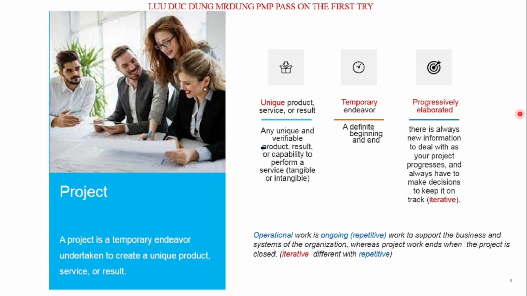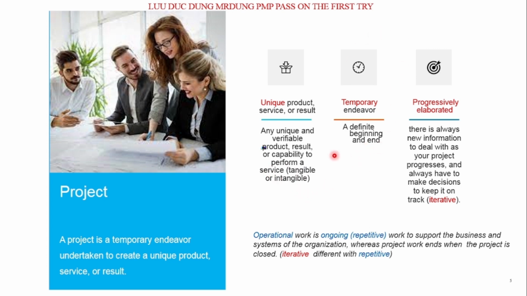We're going to make the project definition clearer. It should be a unique product, service, or result. Any unique and verifiable product, result, or capability to perform a service, tangible or intangible.